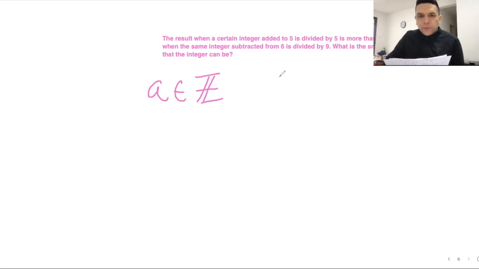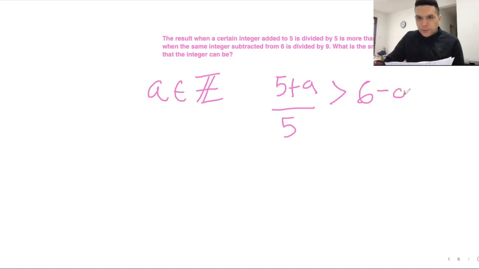So we add this to 5 and then divide by 5. It says the result when a certain integer added to 5 is divided by 5 is more than the result when the same integer is subtracted from 6. So we subtract this integer from 6.